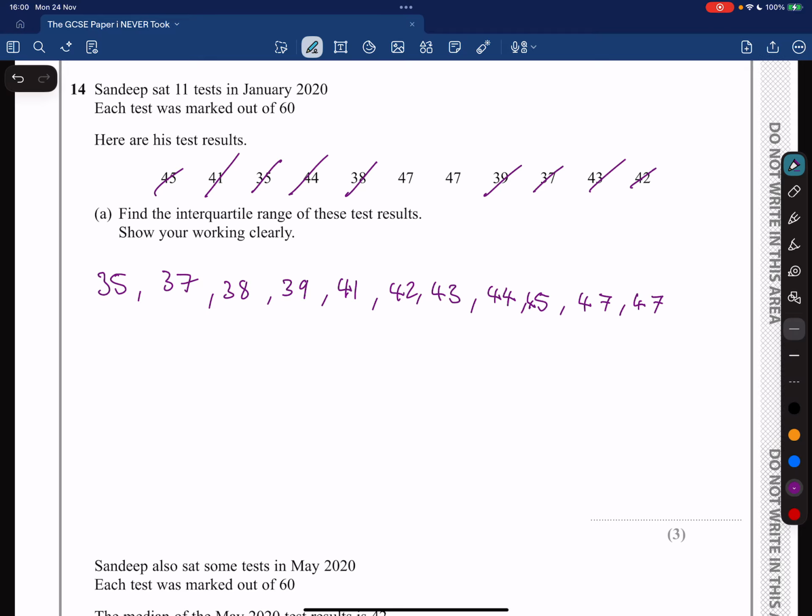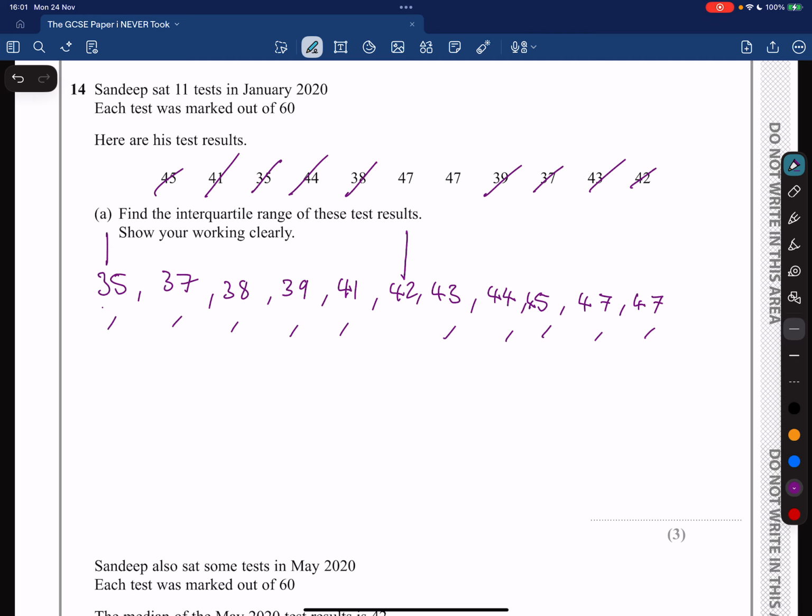So I'm essentially going to go for the median. So I'm going to find out what the median is. So the median's 42. Then the interquartile range will be between those two numbers.